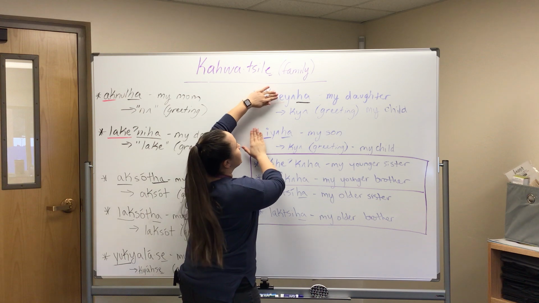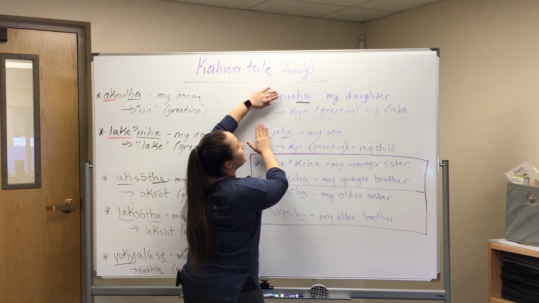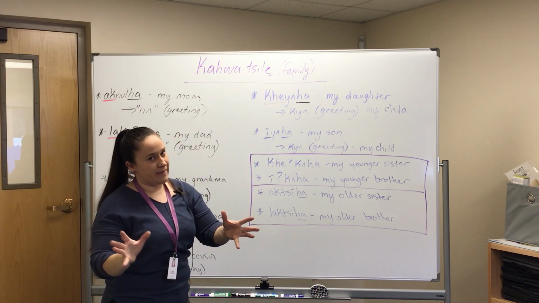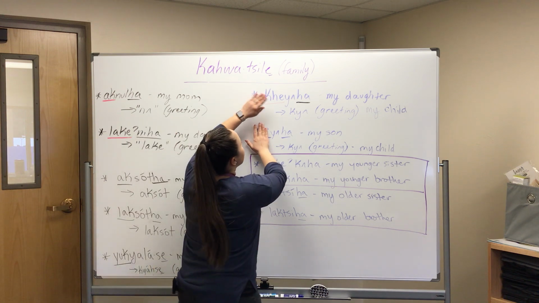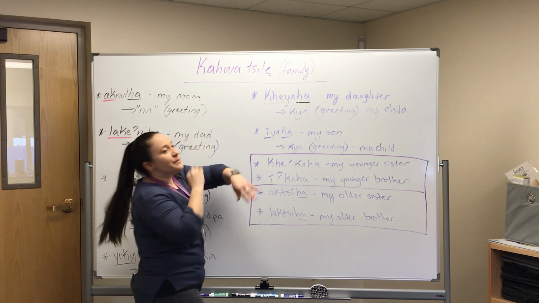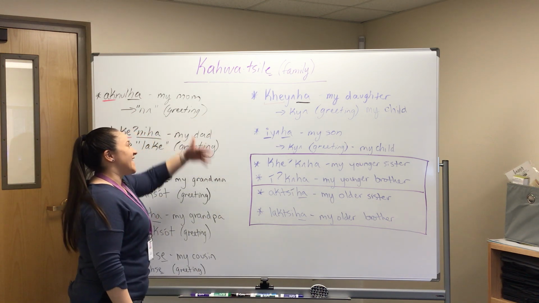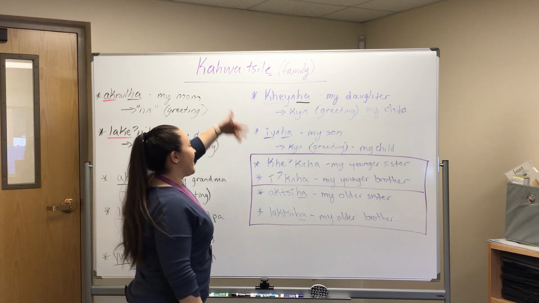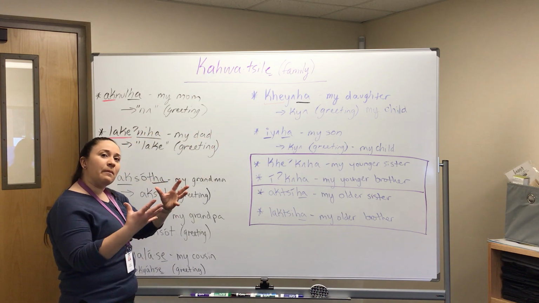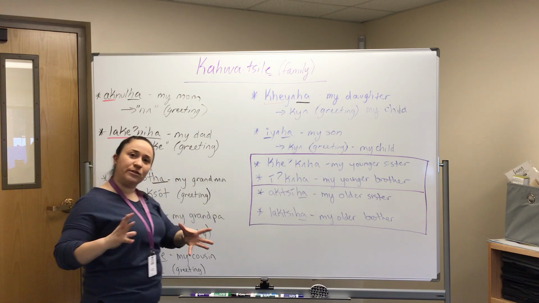That is the root here. Yaha is the infinitive root, so we don't use it by itself because it has to have pronouns. But start making those connections, build the pathways in your brain for language learning. So keya, iya, my daughter, my son, has to do with children.